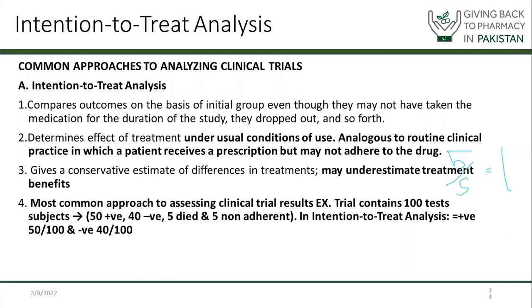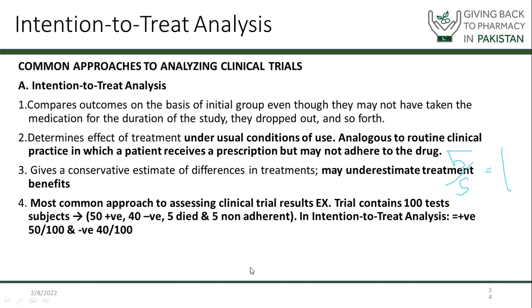For example, I take 100 people for my clinical trial, and out of these 100, 10 of them didn't take the medicine properly. Now actually 90 people take it appropriately, but these 10 people, what to do with them?